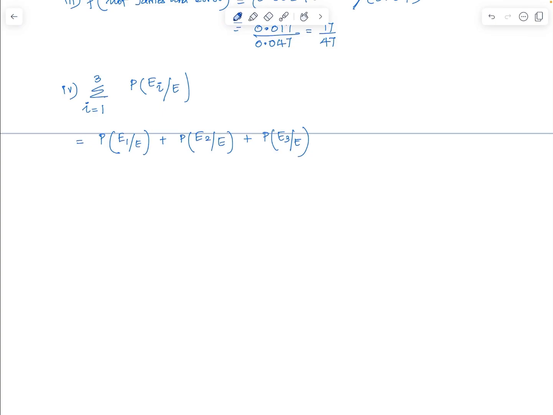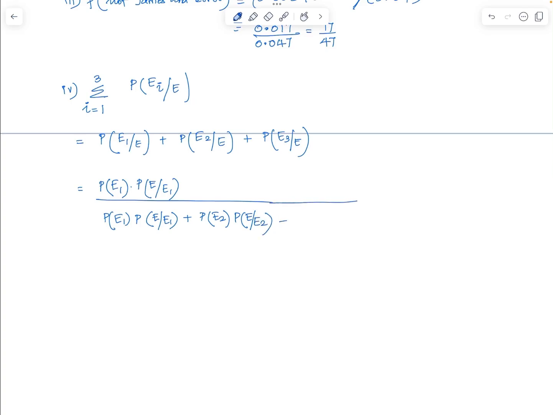By Bayes' theorem, each one can be expanded. The first term can be written as P of E1 times P of E given E1 by P of E1 times P of E given E1 plus P of E2 times P of E given E2 plus P of E3 times P of E given E3.